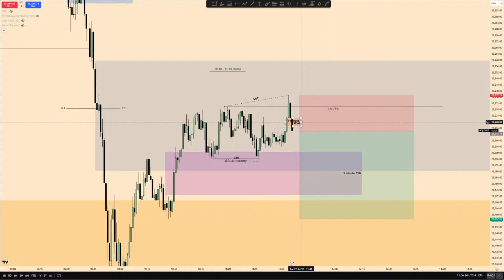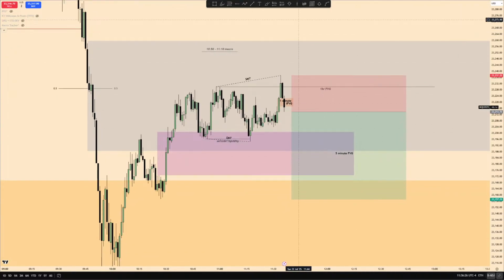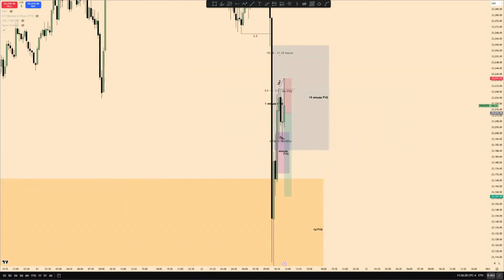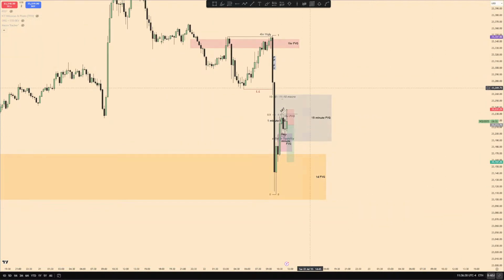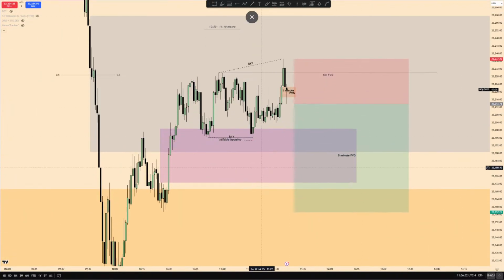It's got 40 seconds on this inversion. I'm looking to take this as the continuation lower and targeting, initially, below these relative equal lows here for break even, and then this low for a TP.